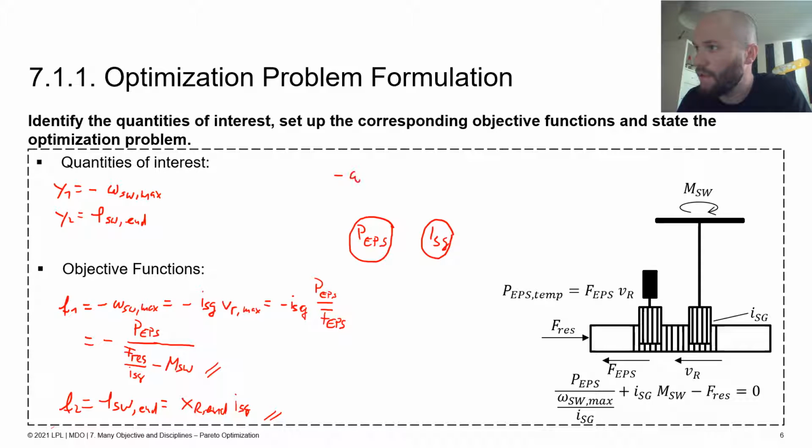So here we have our minus omega steering wheel max, and this is influenced by both, whereas the minimum steering wheel angle at the end stop is only influenced by the gear ratio. So therefore the second quantity of interest is only influenced by one design variable here.